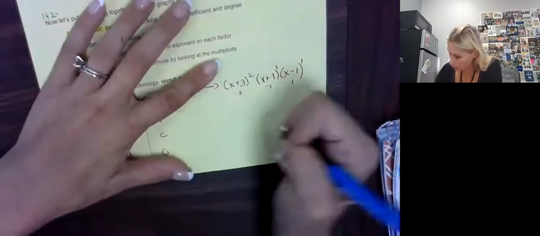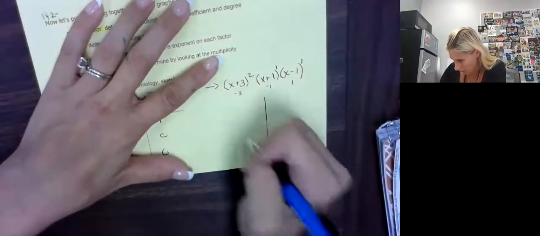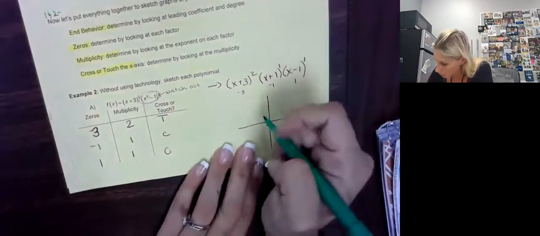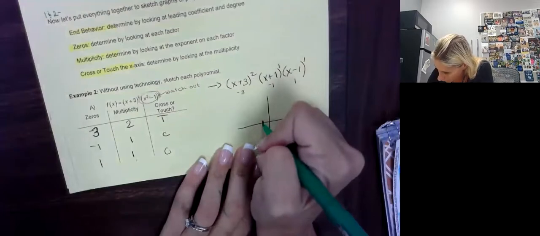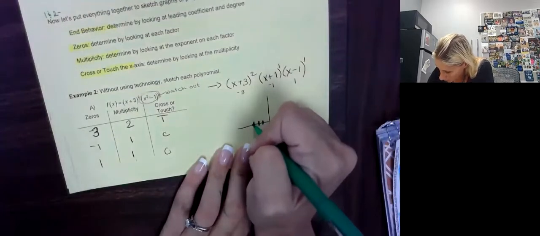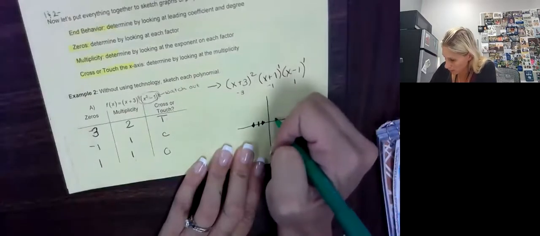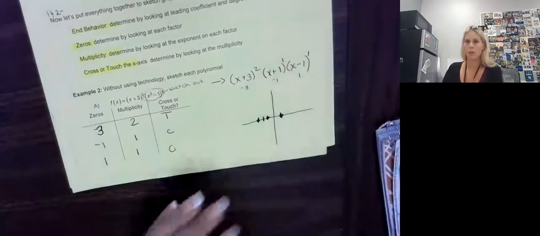All right, so really at this point on our graph, and I'm going to put it right over here, all we know is that we have 3 zeros. So at -3, we have a point right there. At -1, we have a point. And at 1, we have a point. Okay, we don't know if it crosses one way or the other or touches on top or the bottom. We have to use our end behavior to help us.